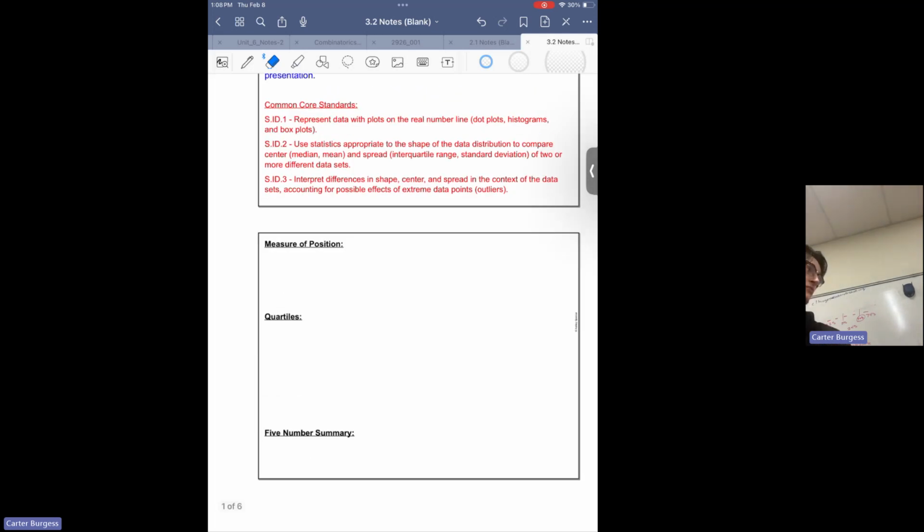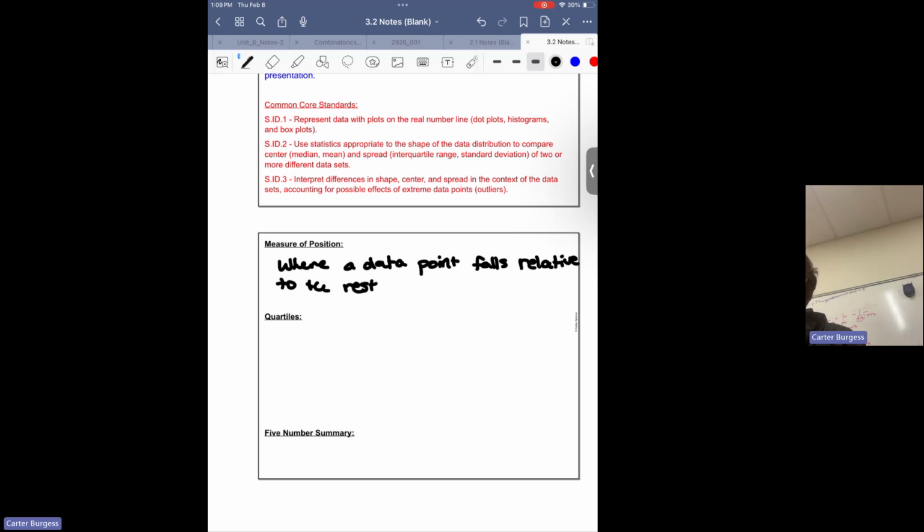When we're talking about measures of position, this is simply referring to where a data point falls relative to the rest of the data.